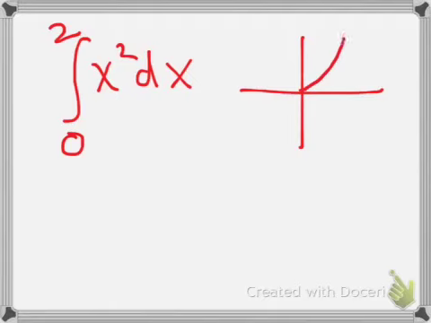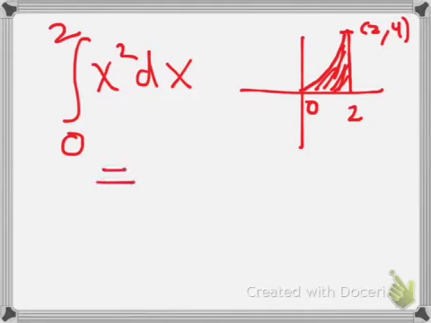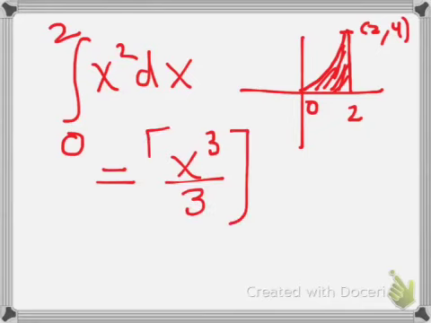I'm just taking the right side, and from 0 to the point 2, which is (2, 4) here, the y coordinate is 4, which I don't really need here. So I'm looking for this area right here from 0 to 2. Now my fundamental theorem of calculus says to evaluate the antiderivative, which is nothing but x cubed over 3, and I'm just putting brackets here.